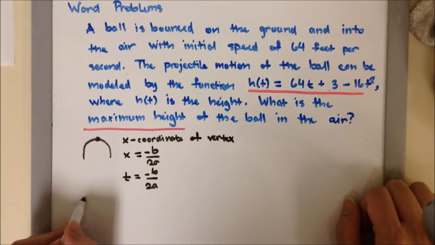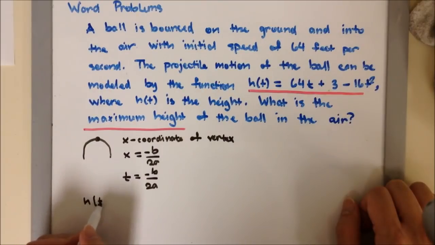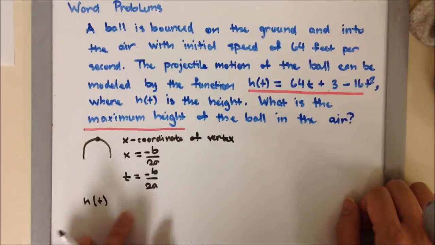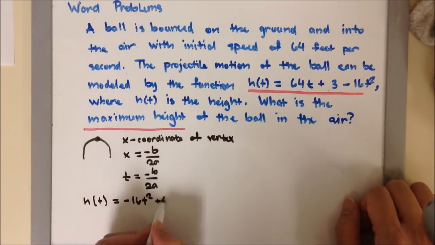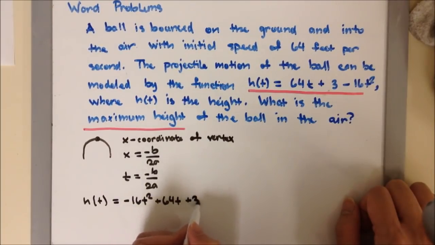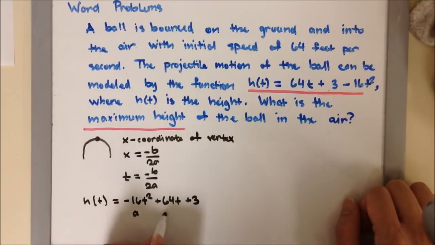So h of t equals the one with the t squared, that's where the a will be, so negative 16t squared, plus 64t, and then plus 3. So this is my a, this is my b, and this is my c.